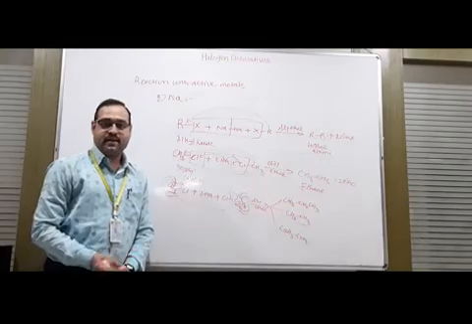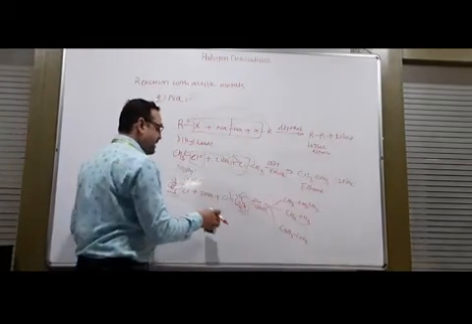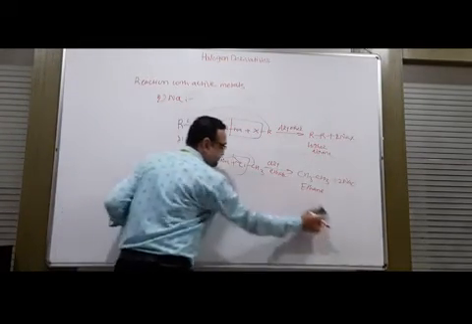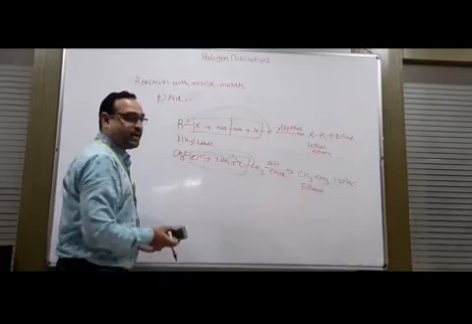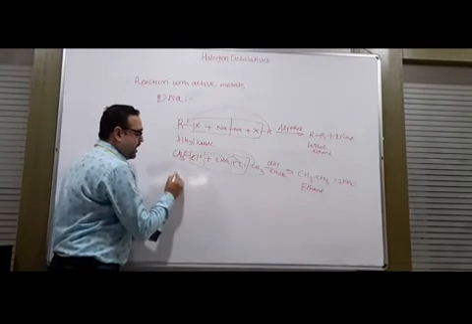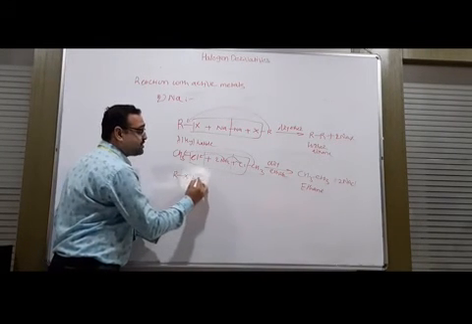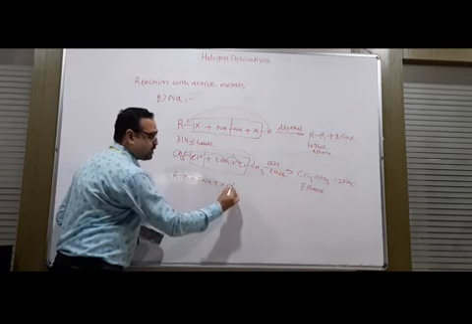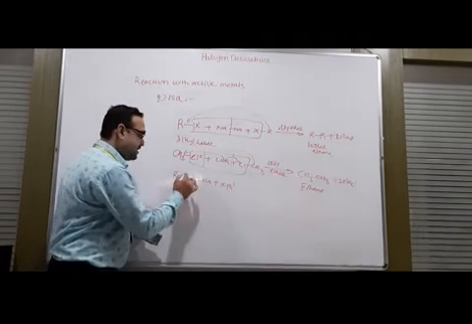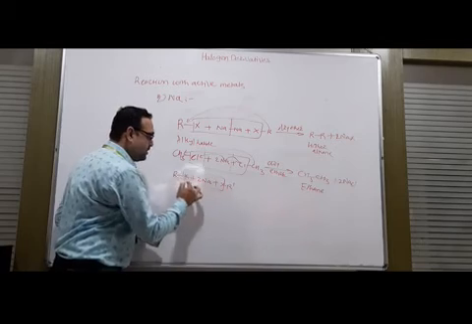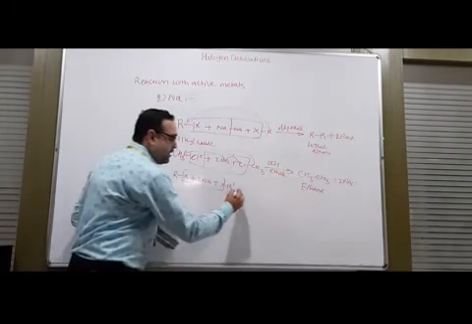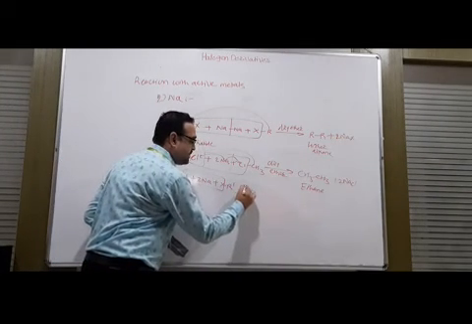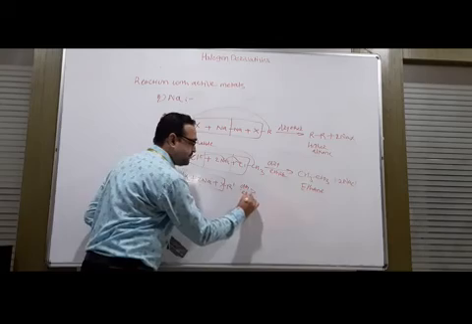Are you getting this? In generalized form, we write it like this. In the general reaction, we write RX plus twice Na plus XR', in presence of dry ether.